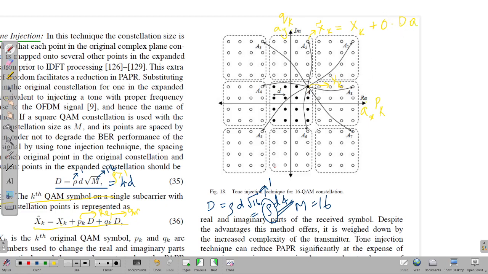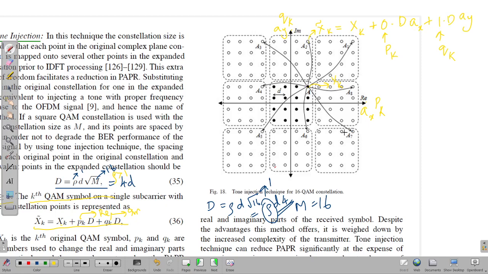So 0 into d into ax plus 1 into d into ay. So pk is 0 and qk is equal to 1. So this original point xk has no variation along the x-axis. It has a variation of 1 unit, 1 into d along the y-axis. So this point moves here.